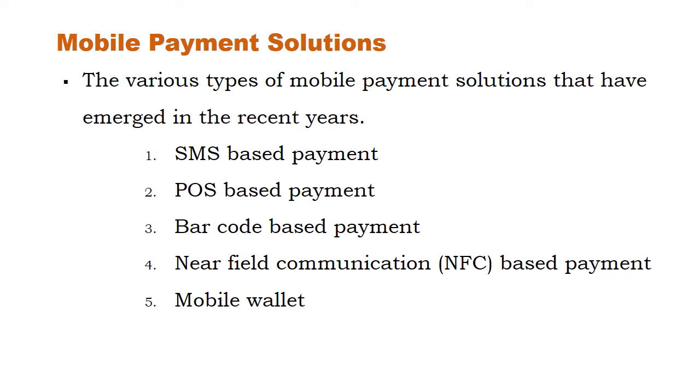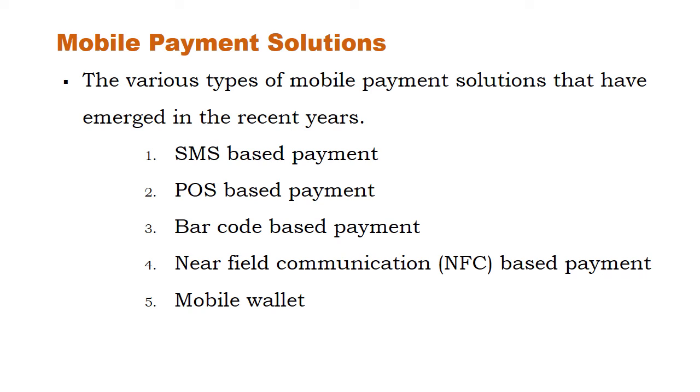This type of payment requires the user to install a certain payment application such as Visa Pay and MasterCard Pay, etc. For paying the transaction amount, users enable the payment application and the necessary details are transferred to the POS machine through Bluetooth. The last one is mobile wallet.